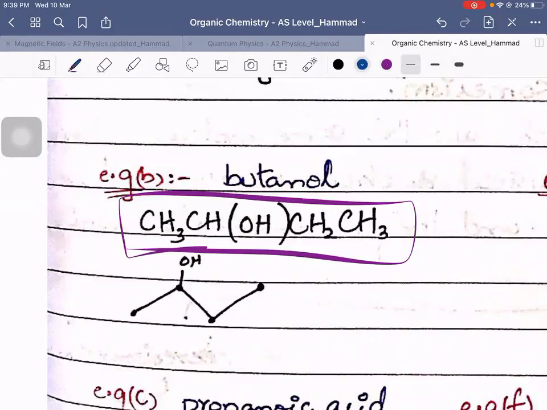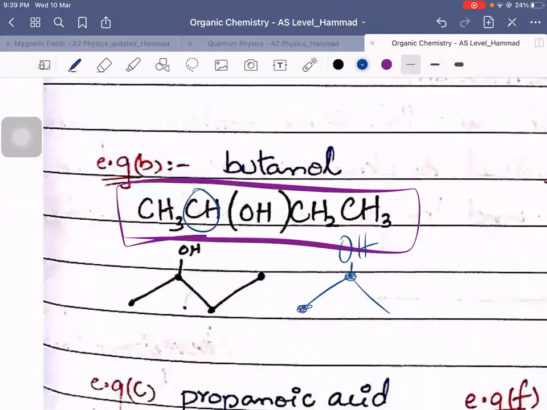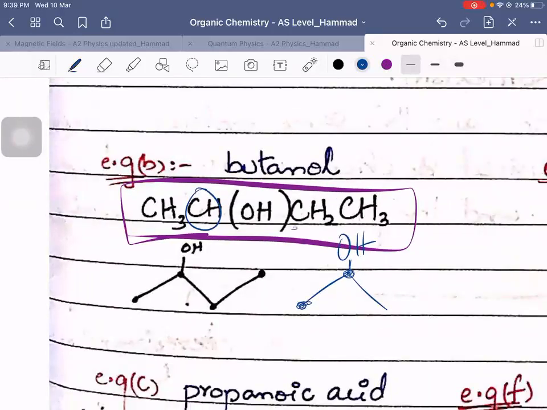For a skeletal formula, every carbon will be a dot. The next carbon is again a dot. Then comes OH attached to this carbon, which is the second. So I've attached OH here. Then comes another carbon, which is this one. And then there is CH3.